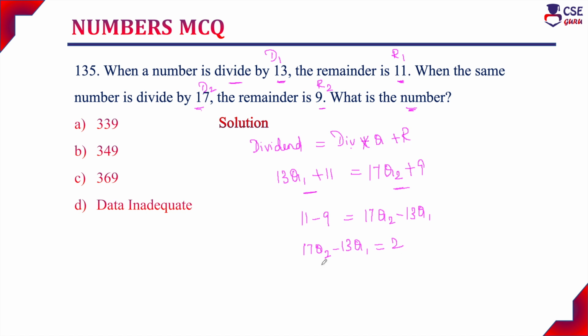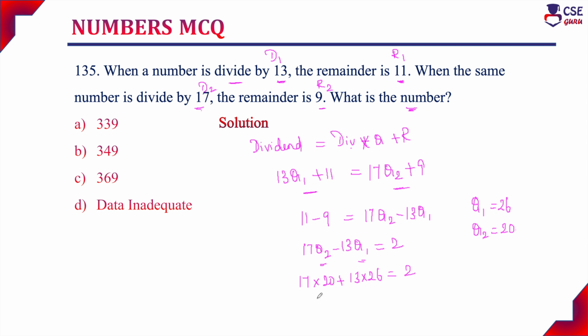So by trial and error method, we need to implement q1 and q2 values. Okay. If you implement by trial and error method, we will get q1 is 26 and q2 is 20. That is 17 into 20 minus 13 into 26 equal to 2 we will get.